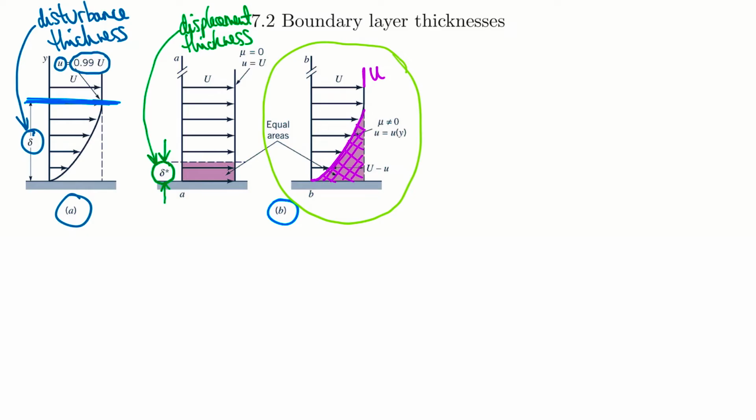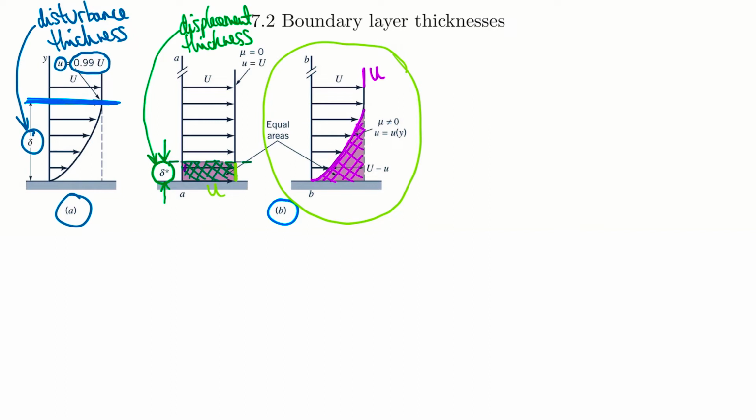So we define a displacement thickness as the height or distance away from the surface that would generate an area that exactly balances out the mass flow that we're losing from the no slip condition, from the viscous effects there, if you were to treat the velocity as traveling at that u velocity here.